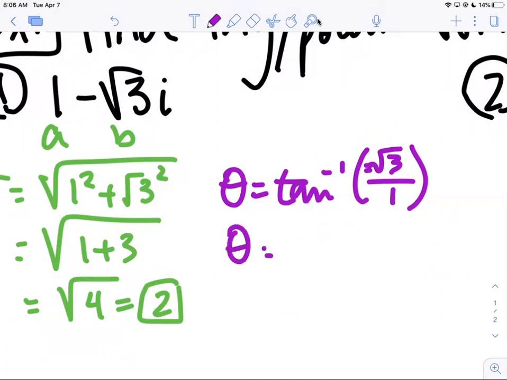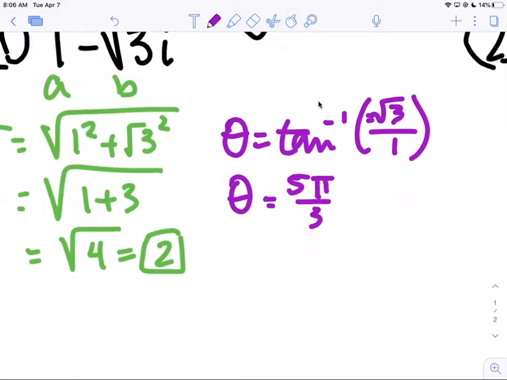I think a 60-degree angle. We have to think about where this is going to be naturally, so I'm going to put it in the calculator. I guess I'm not, because my calculator doesn't work. I believe my notes from last year say that it's 5 pi over 3, and I don't remember what that is as a degree, so in the next video I'll figure that out.